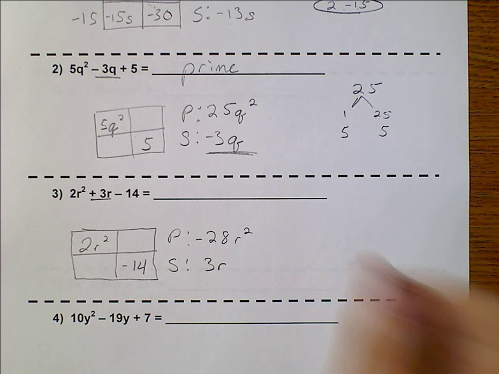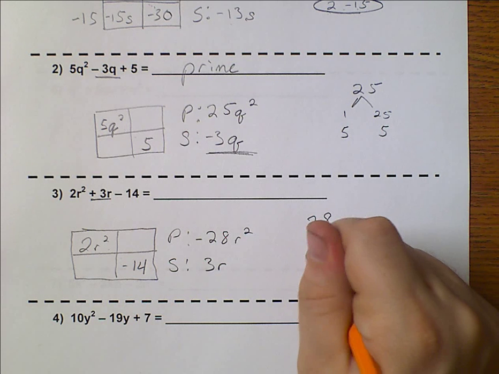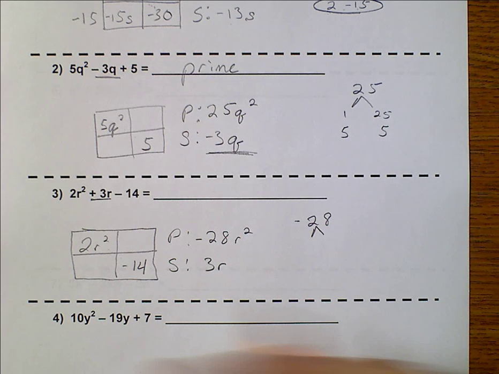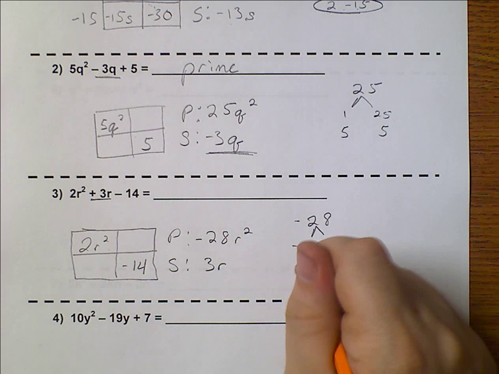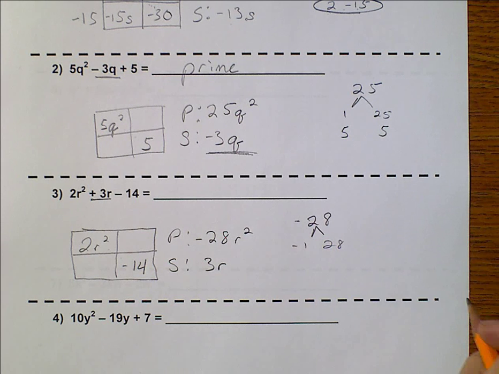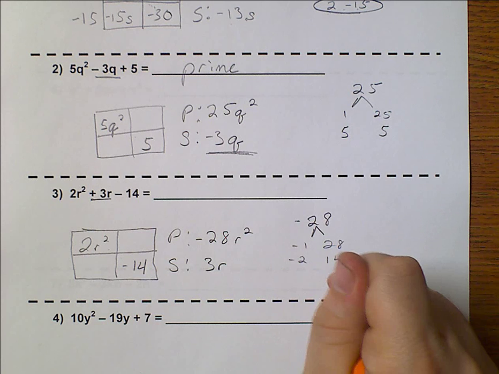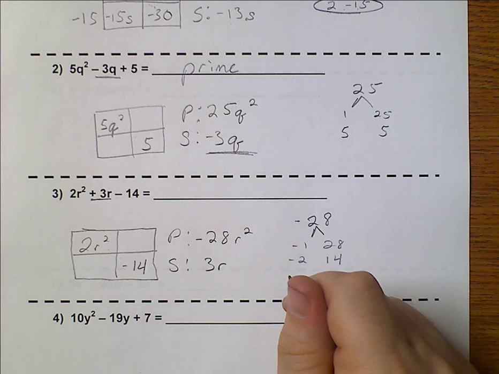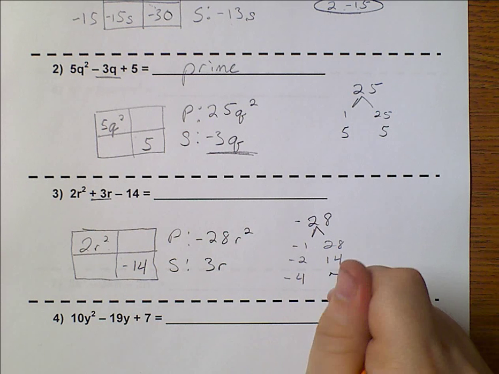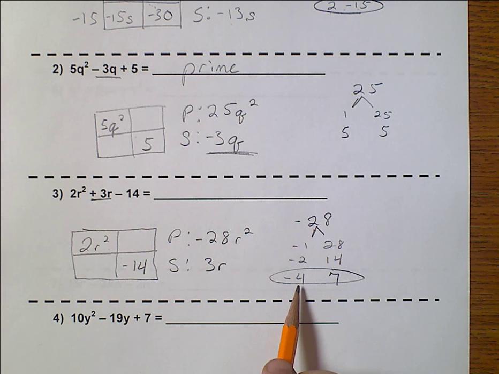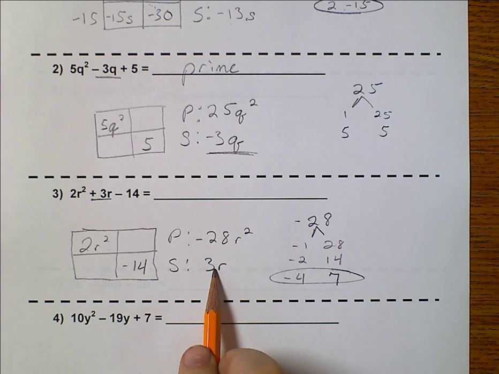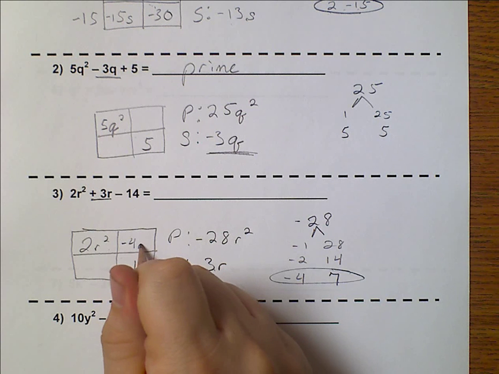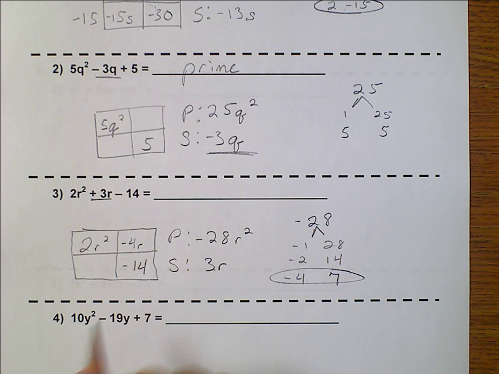So what multiplies to negative 28 and will give me a positive 3? Well, negative 1 and 28, negative 2 and 14, negative 4 and 7. Well, this right here, when I add them together, gives me a positive 3. So that means I've got a negative 4r, and I've got a 7r.